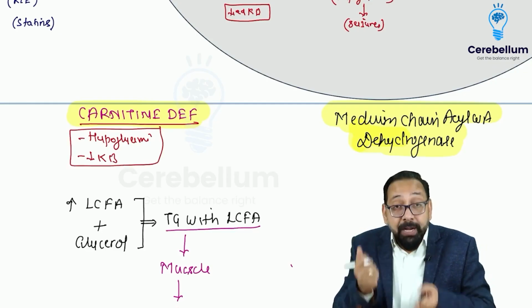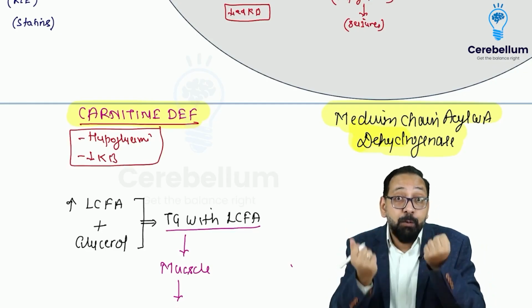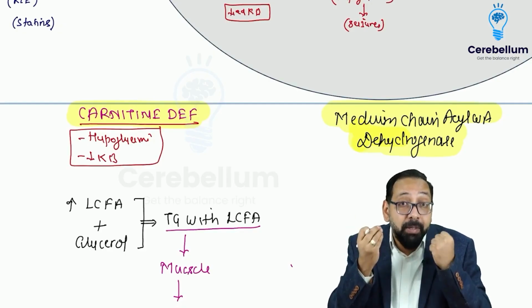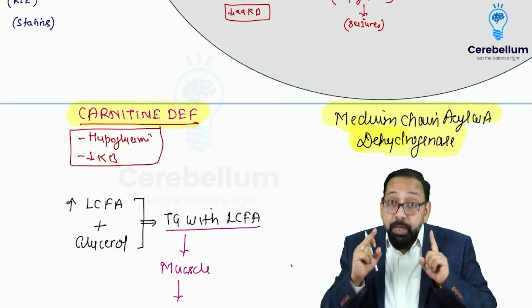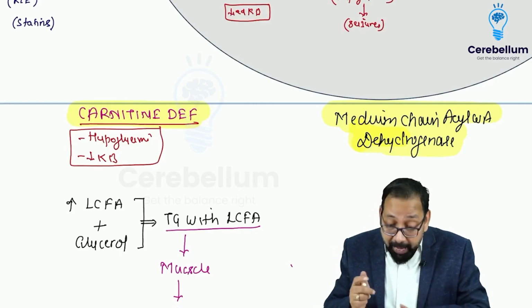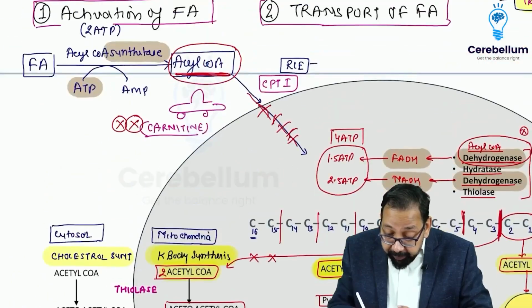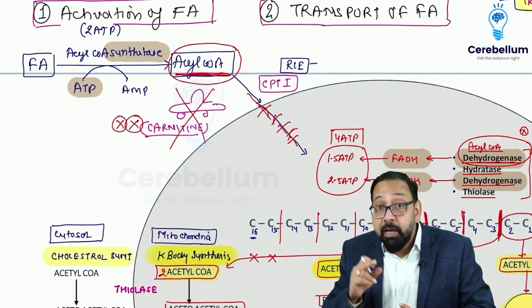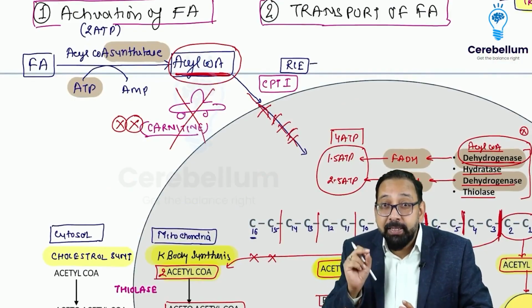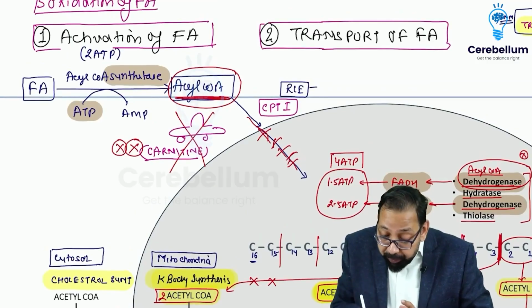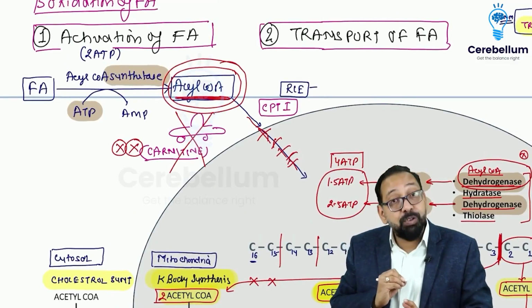And whenever we exercise we require energy, and in muscle, energy is produced by beta oxidation of fatty acid. So if a person has carnitine deficiency, then muscle will not be able to produce energy from fatty acid. So there would be accumulation of fatty acid because it will not be oxidized.